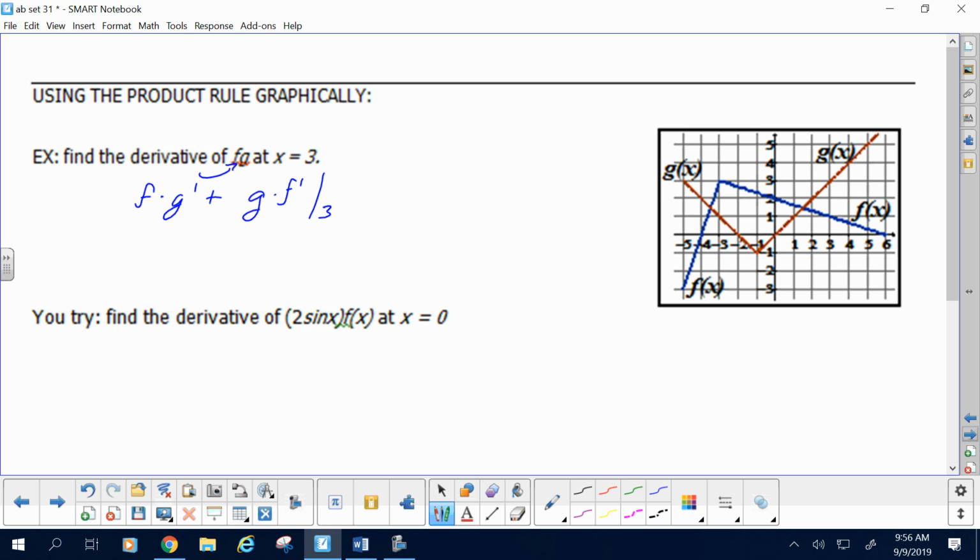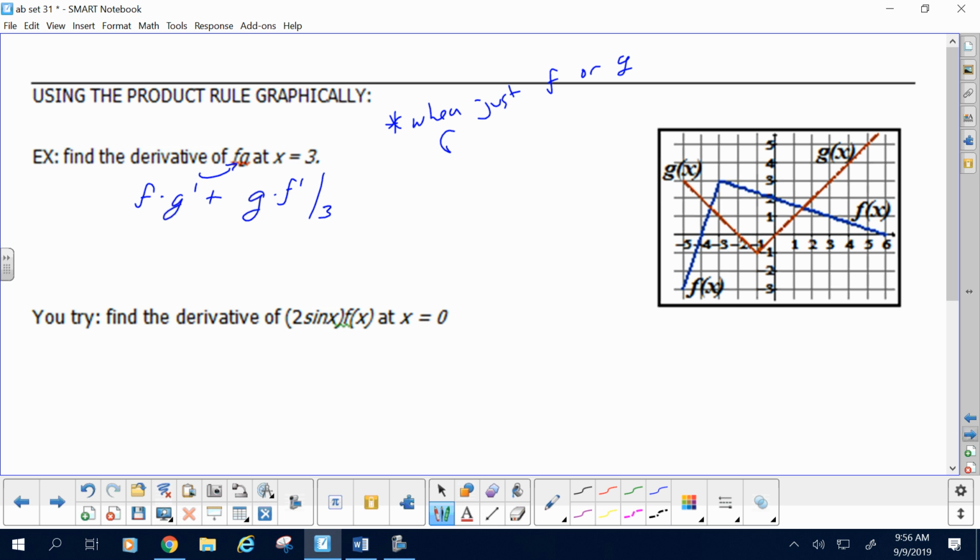Now, here's where you need to write yourself a note. Be careful. When you want just f for g, how do I use the graph? For example, when I do f at 3 in a second, how do I find f at 3? Go to the x-axis at 3, and then you just go up to the curve.